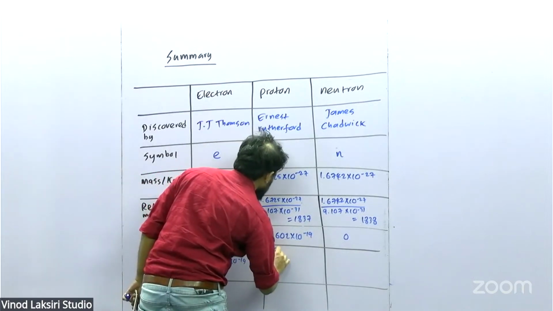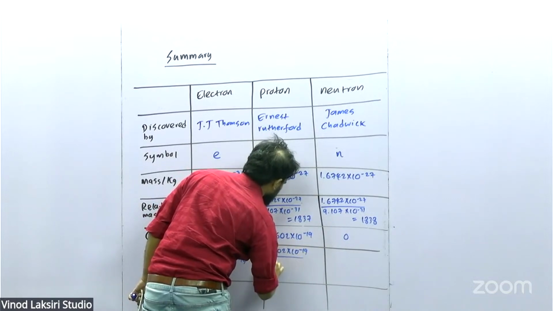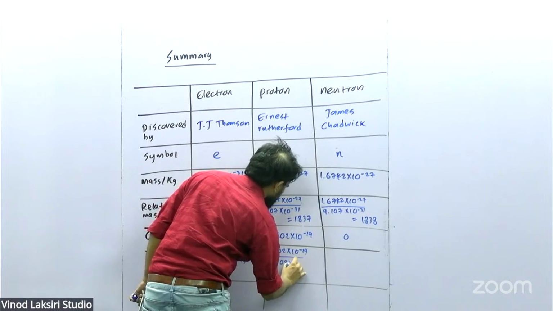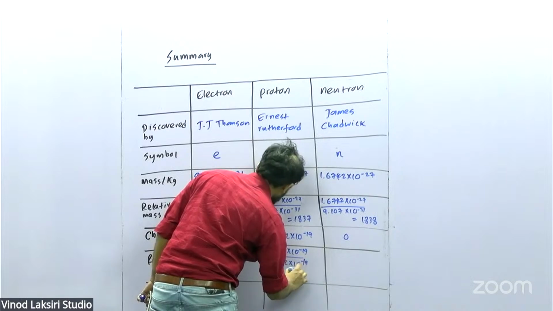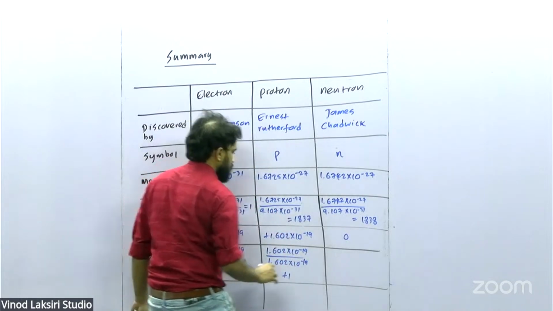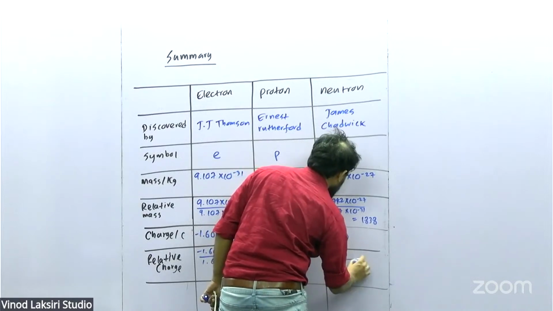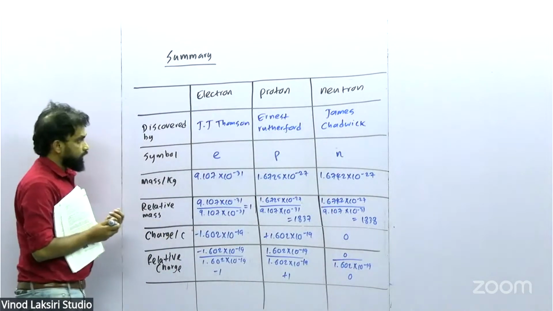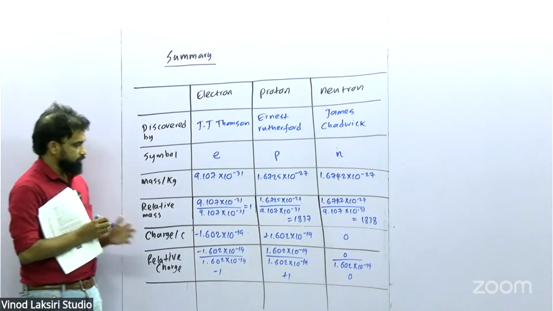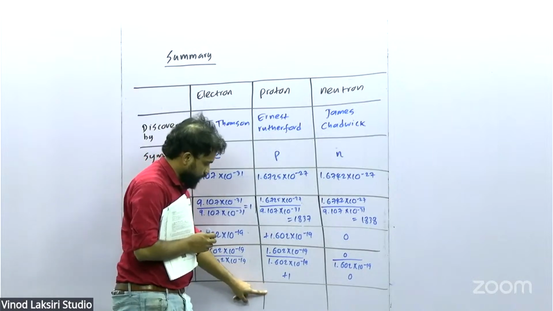Then 1.602 into 10 to the power minus 19 divided by 1.602 into 10 to the power minus 19, the answer is plus 1. 0 divided by this value is 0. Right? So therefore, the relative charge of electron is -1, proton +1, and neutron 0.